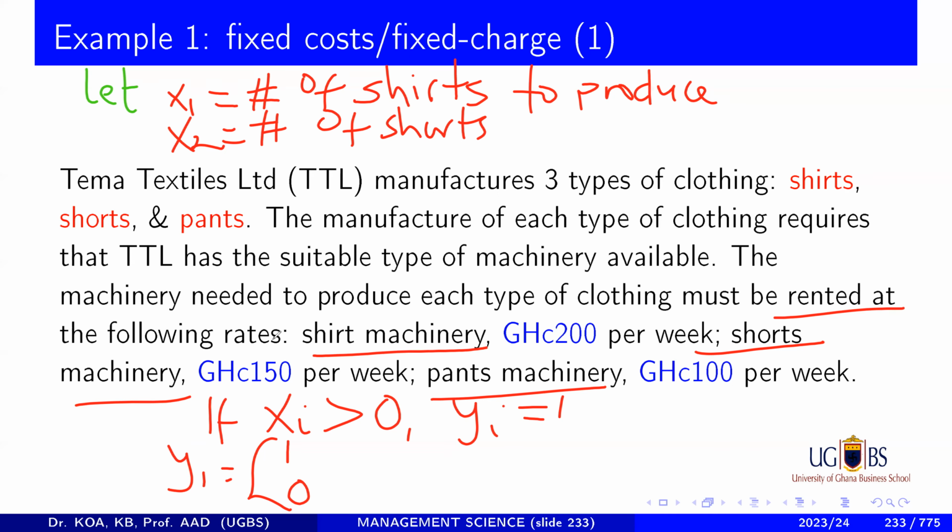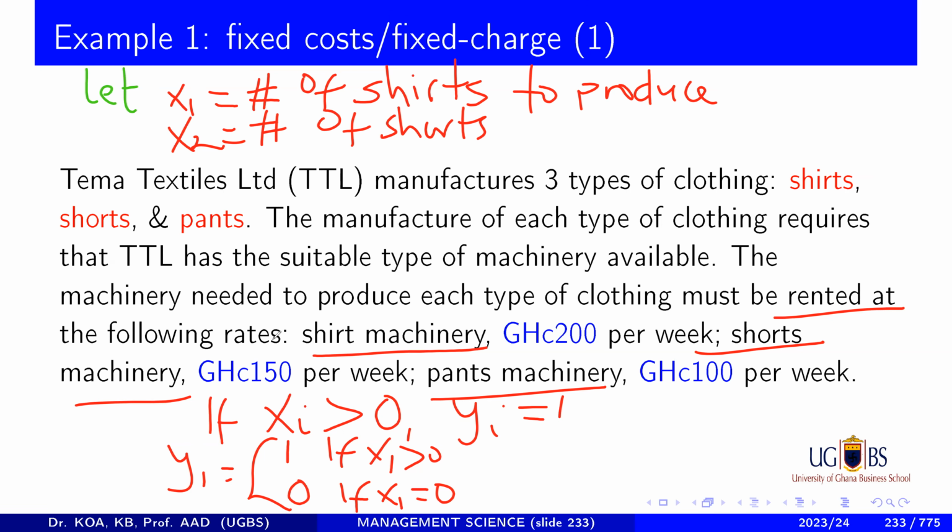But the 1 is if X1 is positive. Okay. If X1 is positive, then the Y1 is 1. And the 0 is going to be if X1 is 0. So this is how the binary for the Y has to be documented.